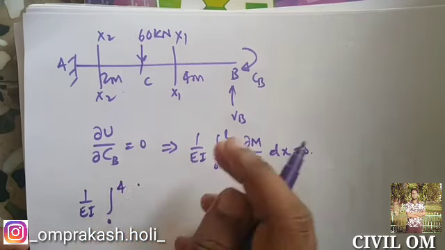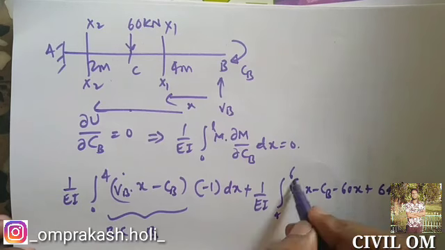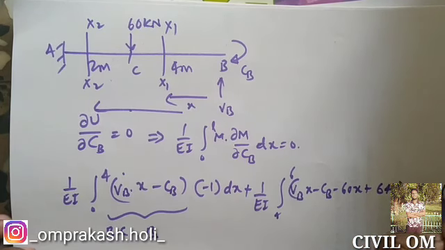We have VB into x minus CB, into minus 1, because differentiation of minus CB is minus 1. Then 1/EI integration from 4 to 6 of VB x minus CB minus 60 x plus 640 into minus 1 dx. This is the portion BA, considering B as the origin.